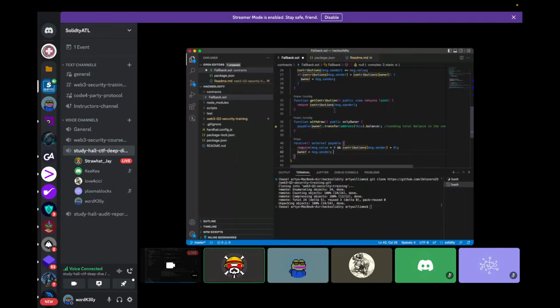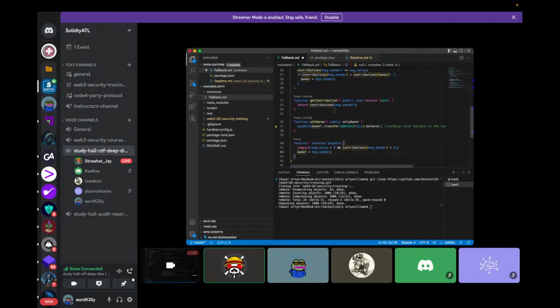Wait, let me just rationalize this for a second. Since in the beginning of the contract we set owner to message.sender, and that was Ethernaut who owned it, the address for Ethernaut is the one who owns the entire contract. At the end of this contract, it's saying that if you call the receive function, you put in more than 0 because it requires that the value be greater than 0, and the contribution to message is 0.